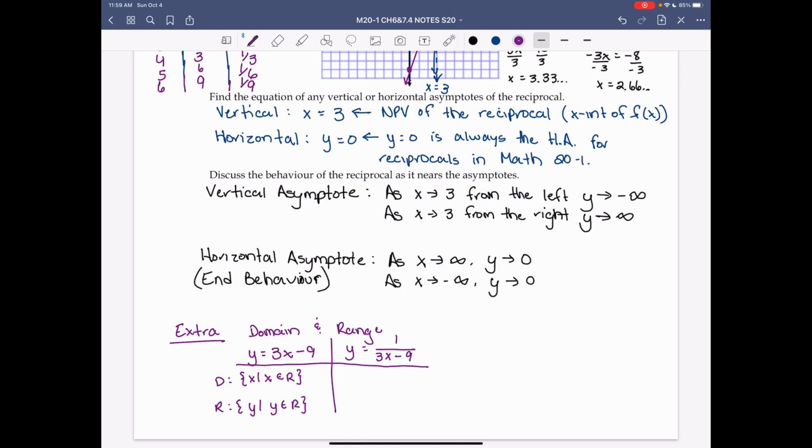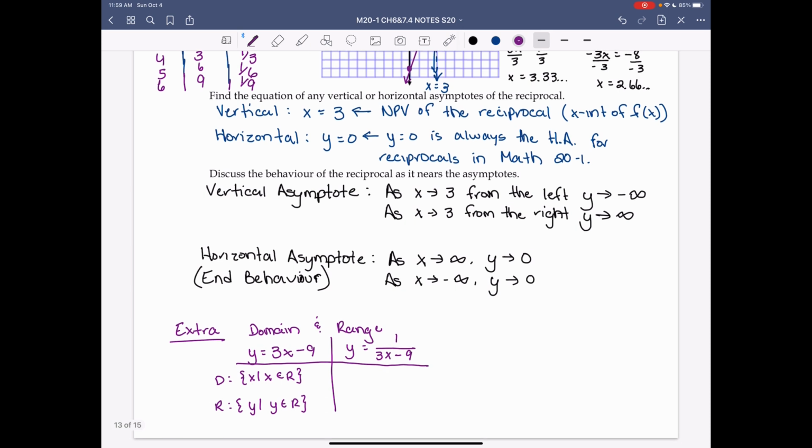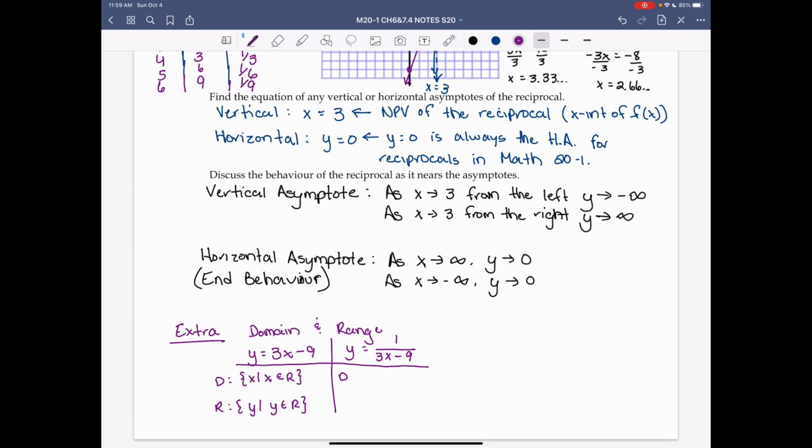Looking at a reciprocal function, the domain, what x values are valid for this function? There's only one that's undefined, which is when x is equal to 3. So we get x such that x is a real number, comma, x cannot equal 3.